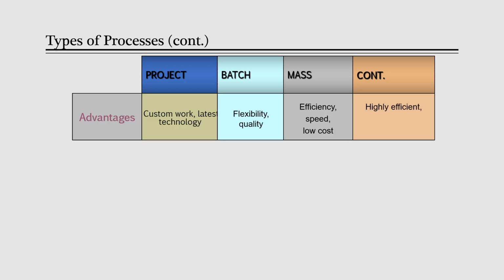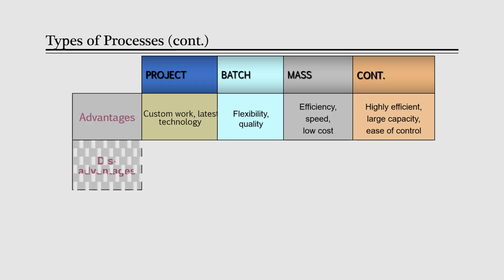In the continuous production, the production is highly efficient, which means you can use a small input to produce a large number of outputs. And you need large capacity and large production volume can be seen. And it is easy to control because of the low variety.